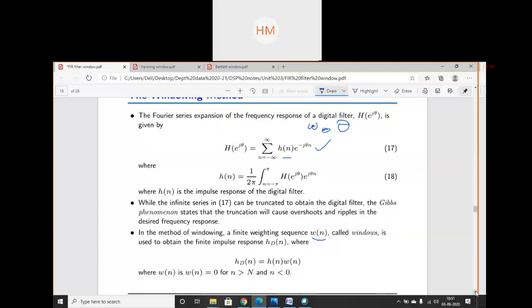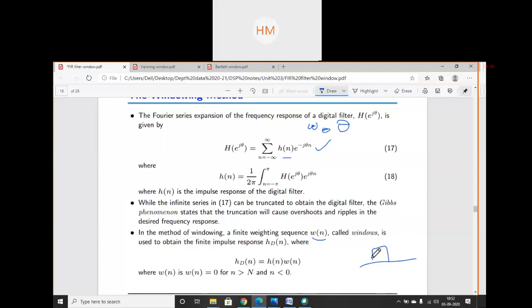The Fourier transform of the weighing function consists of a main lobe which contains most of the energy of the window function and side lobes which decay rapidly. We all know this will be the shape of a window. Dimensions will be different. So the sequence will pass through this window and I will get a new sequence.